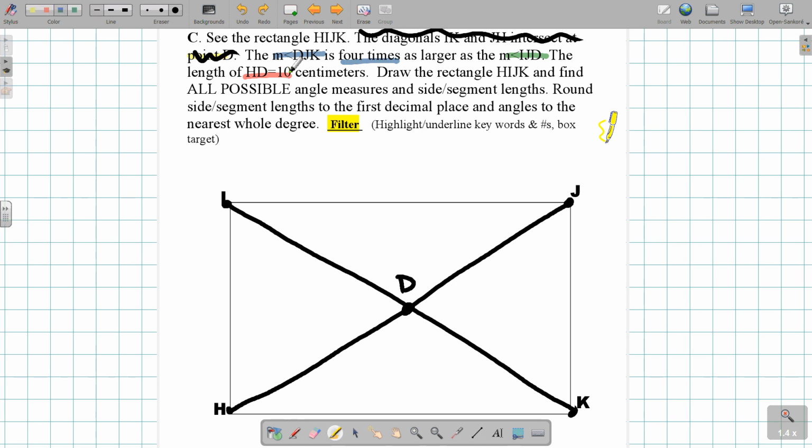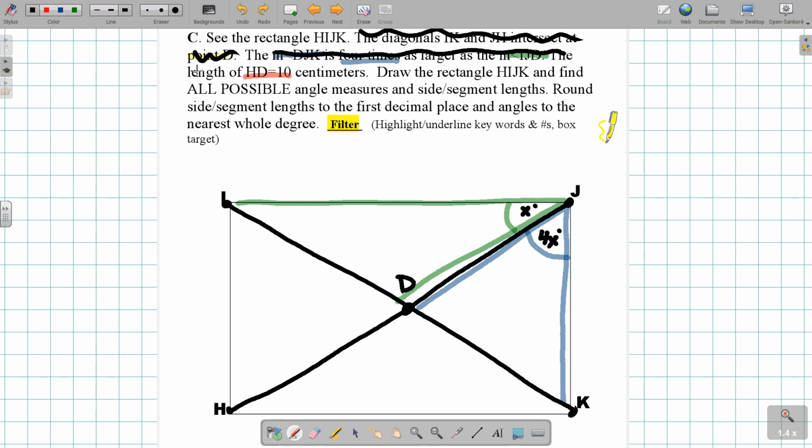Very carefully, trace and sweep D, J, K, is 4 times as big as IJD. So we have ourselves a 4x and x relationship here. The length of H to D is 10 centimeters. Knowing this, find all possible side lengths.